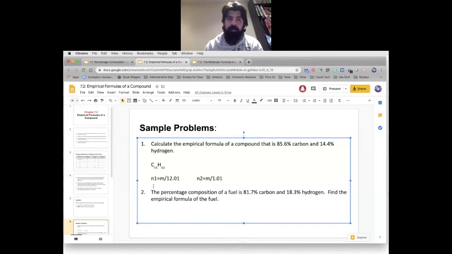Now, what is the mass? If you look at the percentages, we've got 85.6% and 14.4% to give us a total of 100%. So when we have these kinds of percentages, what we want to do is pretend that our sample is based on a 100 gram sample.